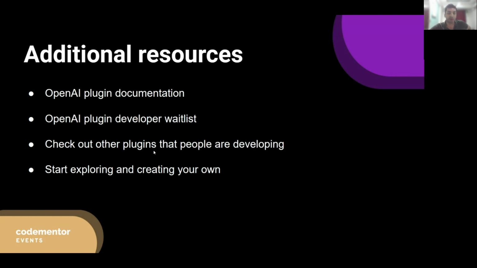You can also check out what other plugins people are making. This is a very new space that people are exploring, so people are still brainstorming and experimenting with different plugin ideas. So maybe you can think of some plugin idea that will be very useful for people, and it gets popular. And lastly, you can start exploring, get your hands dirty and create your own plugin.